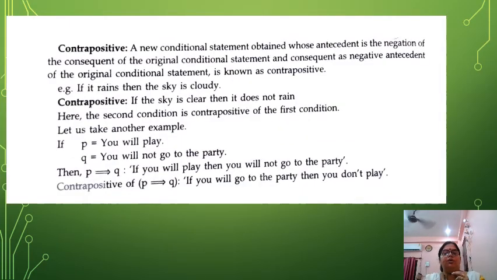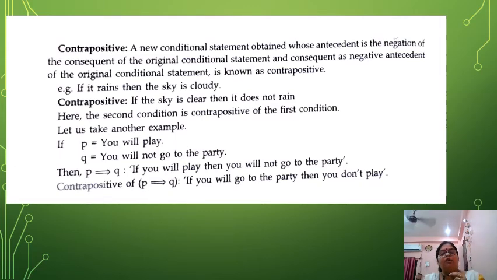Now contrapositive. Contrapositive means a new conditional statement obtained whose antecedent is the negation of the consequent of the original conditional statement, and whose consequent is the negation of the antecedent of the original conditional statement. See how. Example: suppose if it rains, then the sky is cloudy.